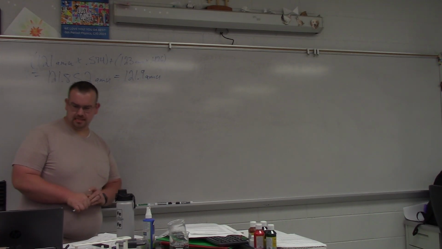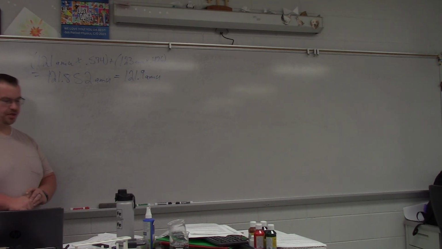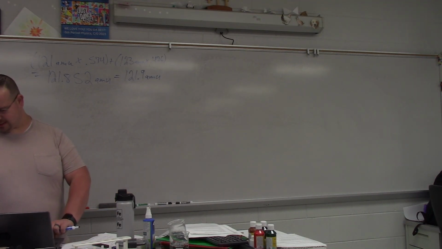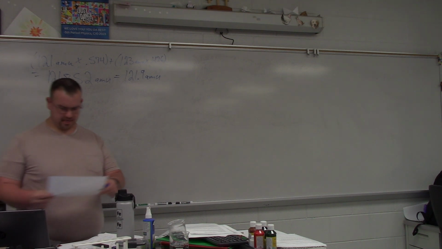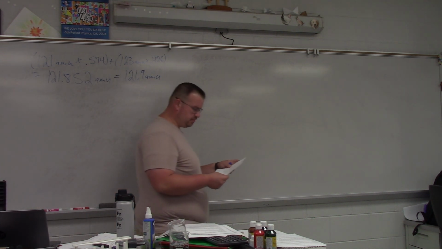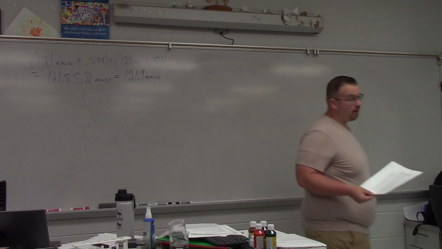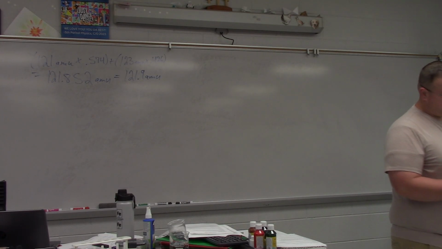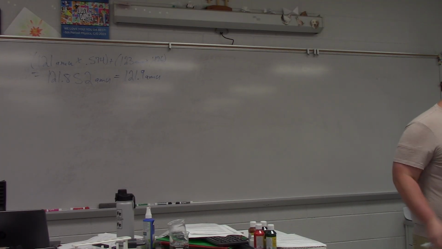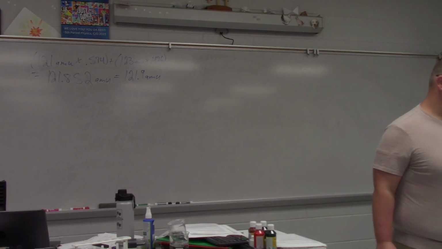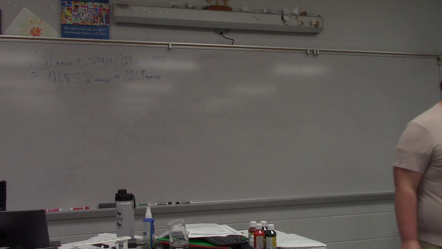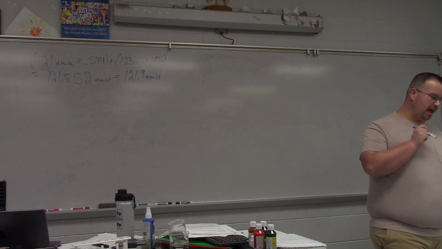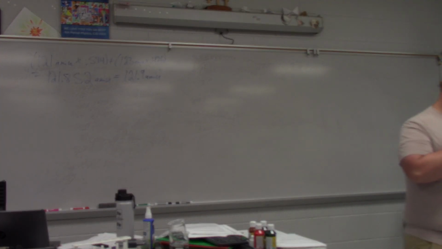In this case, something you can do is estimate what element they could ask you to estimate what element you think this would be. So you would want to look for something around 121.9. You're just going to look at those average atomic masses listed on there. I'm going to try and save you some time. You're going to look right down there, around 49, 50, 51, 52.